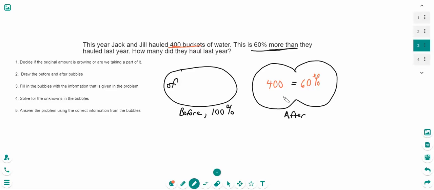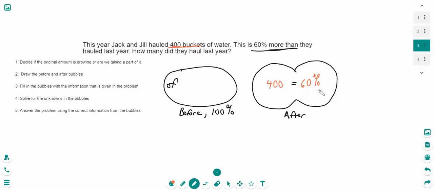But that doesn't make sense because we've both decided that this bubble should be a double bubble because it is growing. And if 400 is 60%, clearly it's not growing. It's getting smaller. So right away, you should see that there is something wrong with the way this is written.